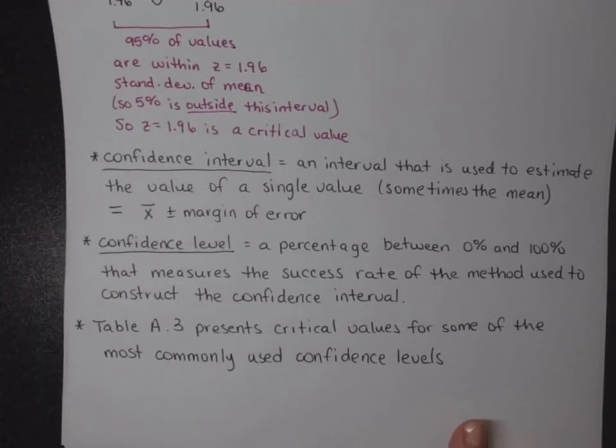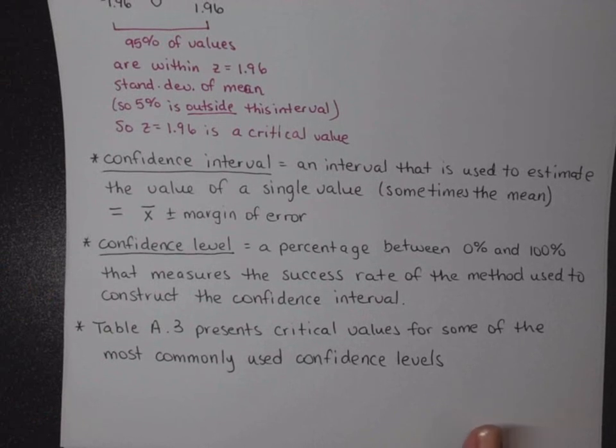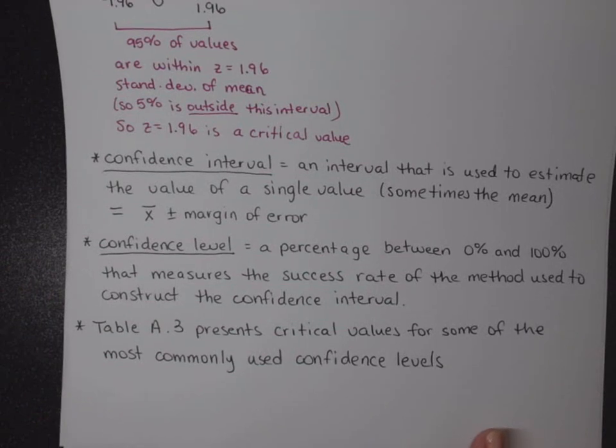Okay. So if you need to, go ahead and pause the video so you can catch up, because I'm about to cover up these notes just for a bit and show you table A.3, okay?